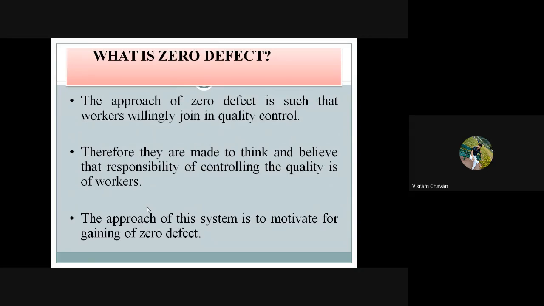What is zero defect? So you can give a heading or you can continue with the same approach.